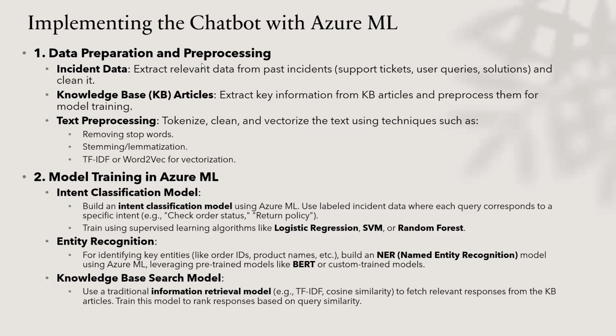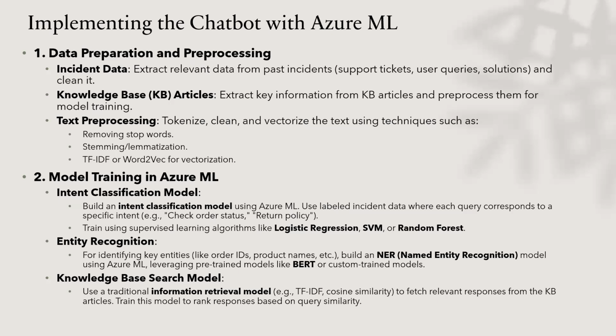Okay, data preparation and pre-processing. That's the first thing. And why do we need this? Because we can use the existing ML models that are in Azure, but they have to be fine-tuned based on the context. Here, the context, for example, in our current case, is an e-commerce website.